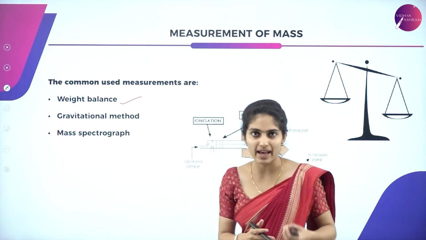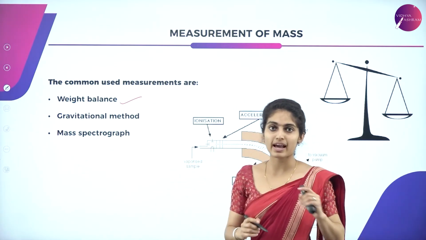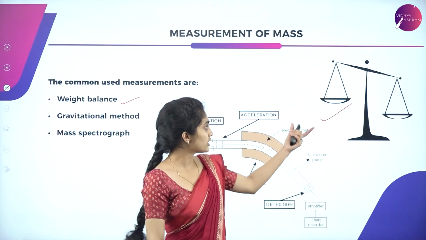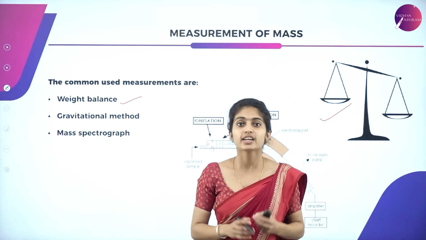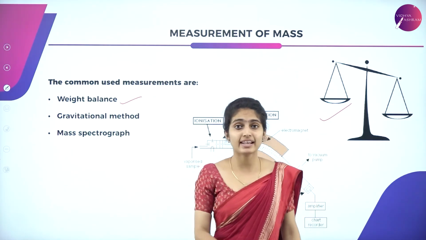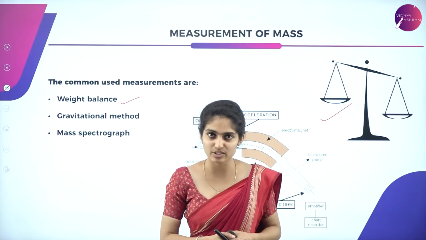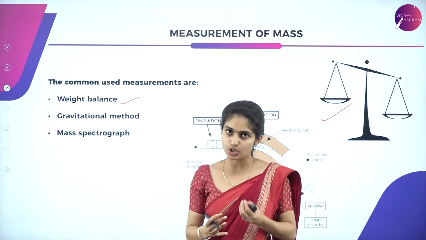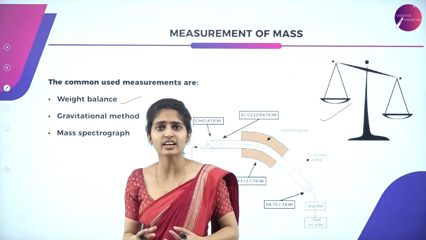They use this weight balance, which is visualized here in this image. This pictorial representation gives you the idea. So this is nothing but a weight balance. You all have seen it and you all know how they use it in a grocery shop or vegetable shop or any other shops.